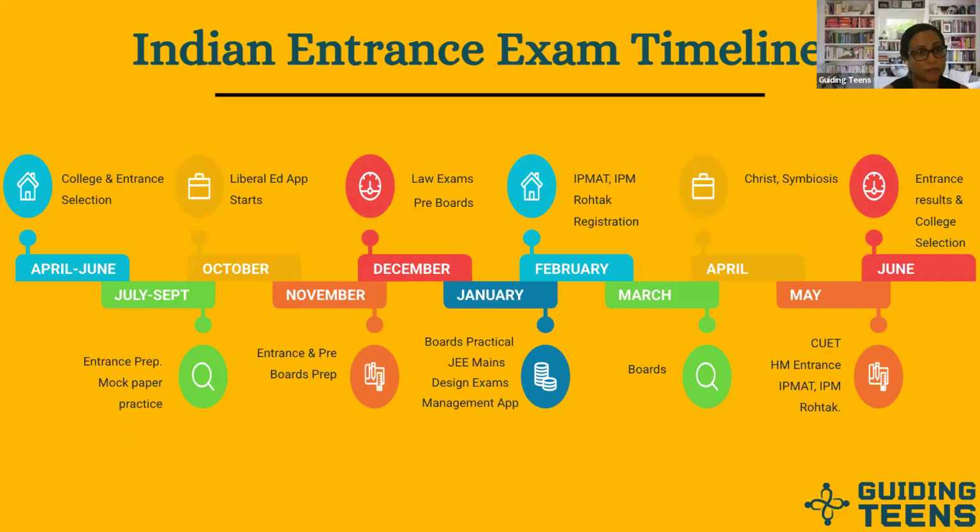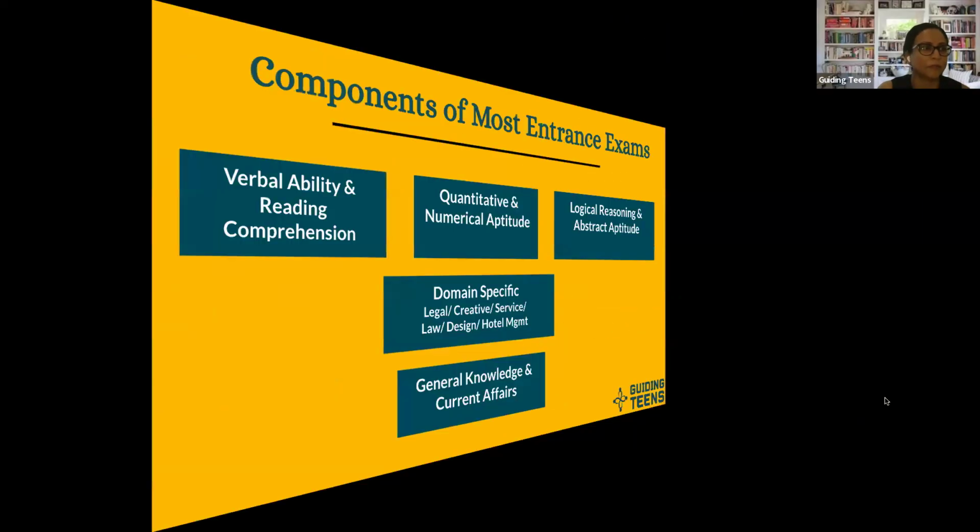It is just a rough timeline. They are color coded, so for example, the liberal arts and sciences ones start typically in October, November, but they do go on pretty much all the way till sometimes June, July. So you can get a sense it's a very, very long process.